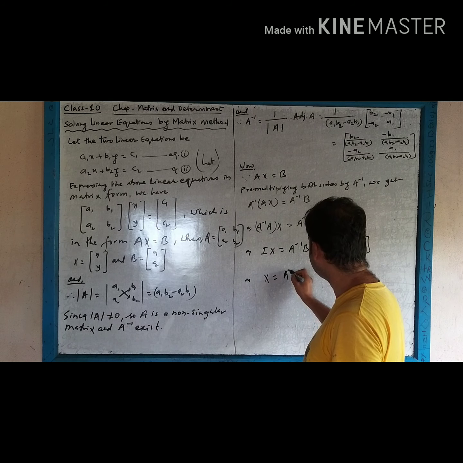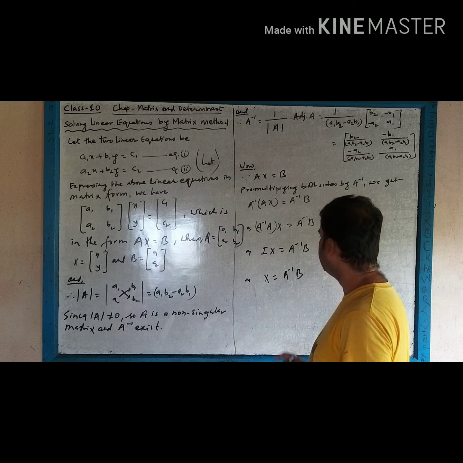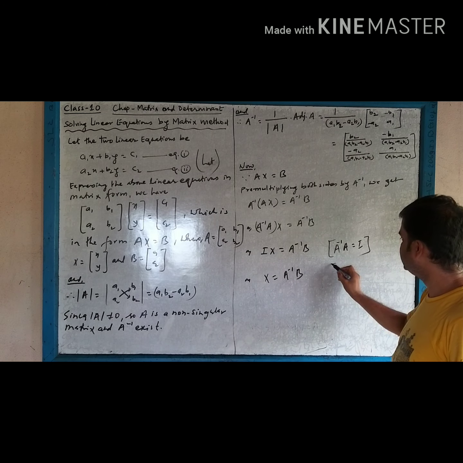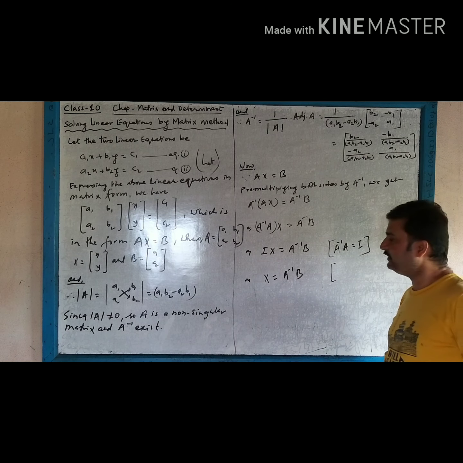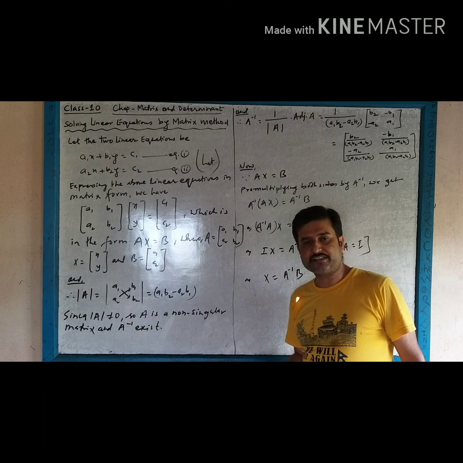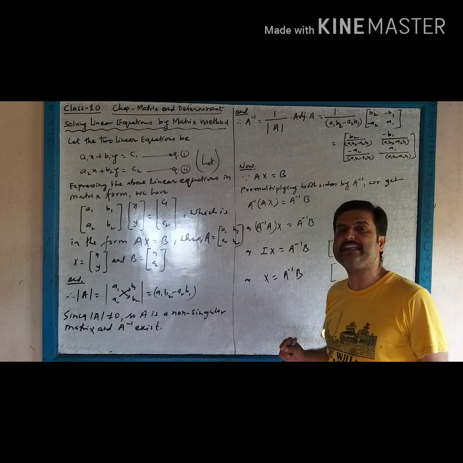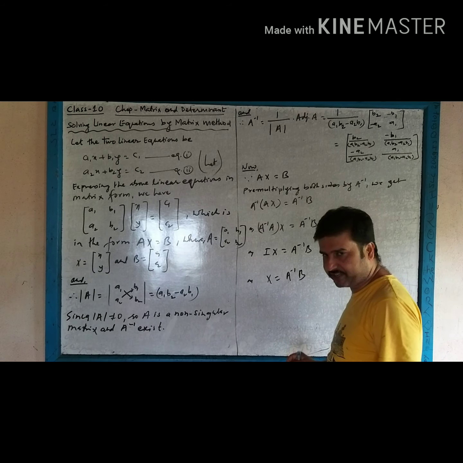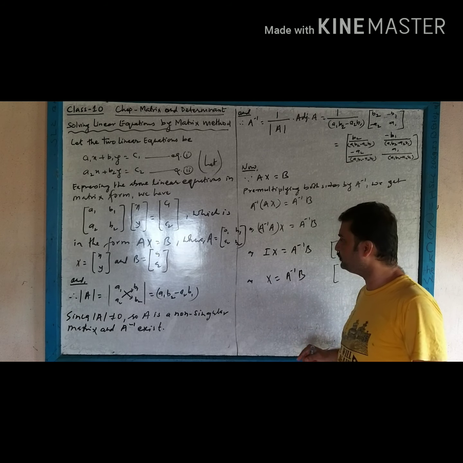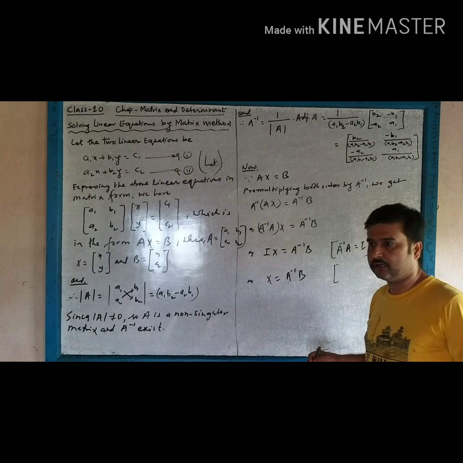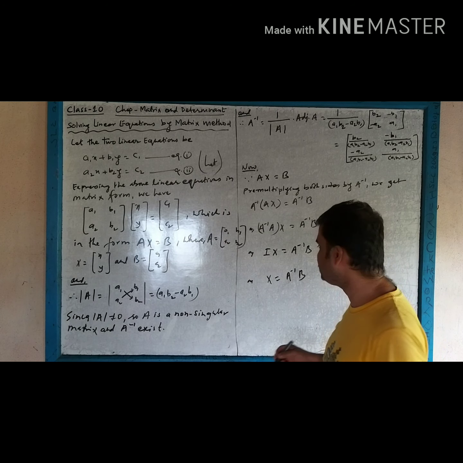Now again, this is X is equal to A inverse B. How is this X?